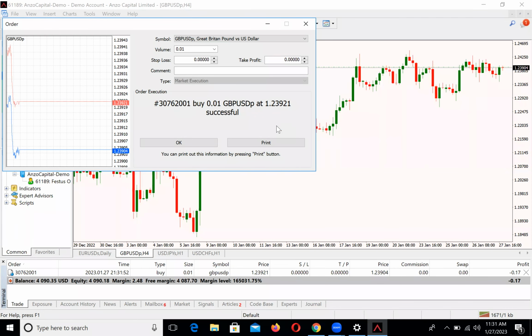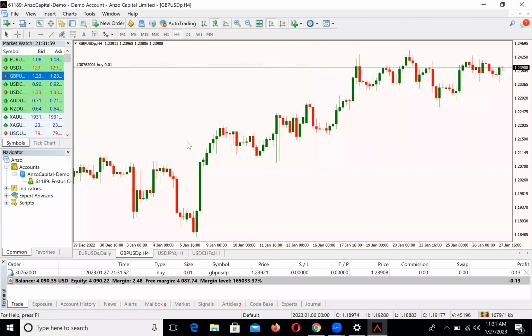We have bought the trade now, so we click on OK. As you can see on the screen, it shows Buy, 0.01, the level at which we bought it. Now if you look down where you can see your balance, you see the trade you took on top of the balance.